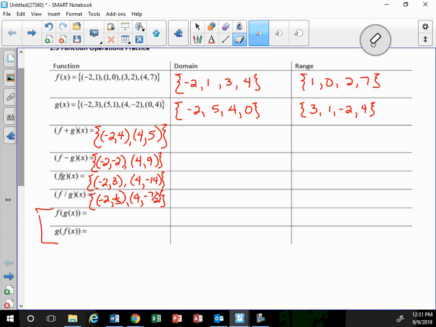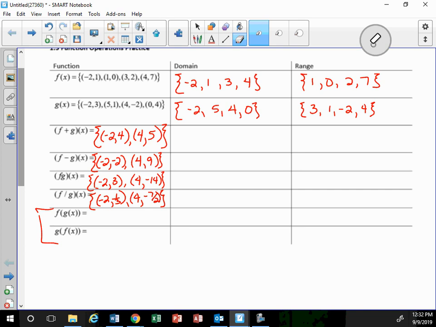Let's say I had, we'll make it simple, find f of g of 2. Where would you first plug the 2 in? Oh yeah. And then you get an output, and then you plug that into f, and then you get your final output. Does that make sense? Yeah. Okay.